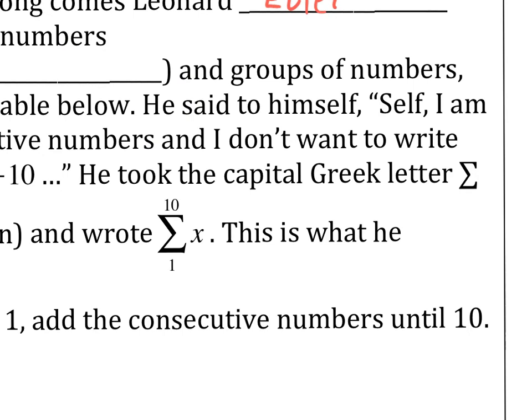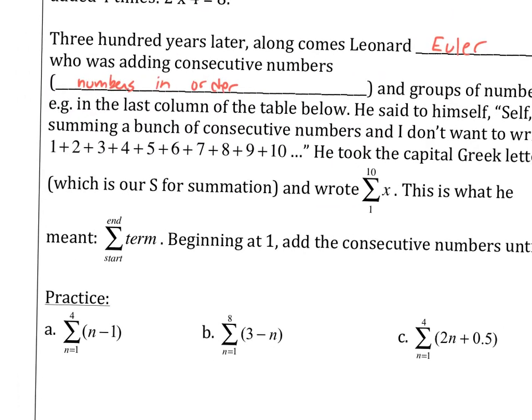This is what it means: add a bunch of numbers, starting at 1, ending at 10. The bottom tells you where you're going to start. Am I going to start at the number 1, or at the first term? The top tells you where you're going to end, at the 10th term, or the 10th number.